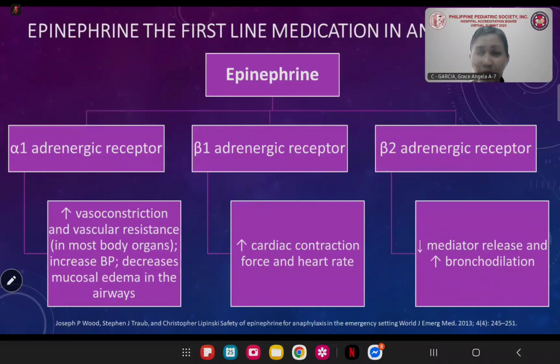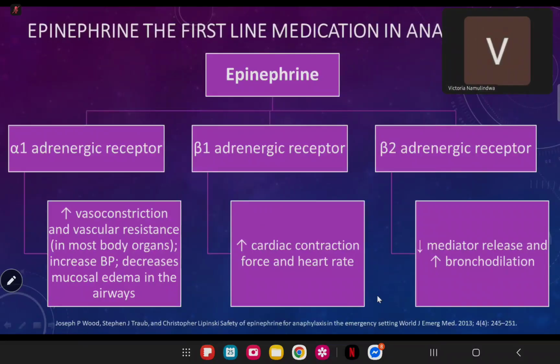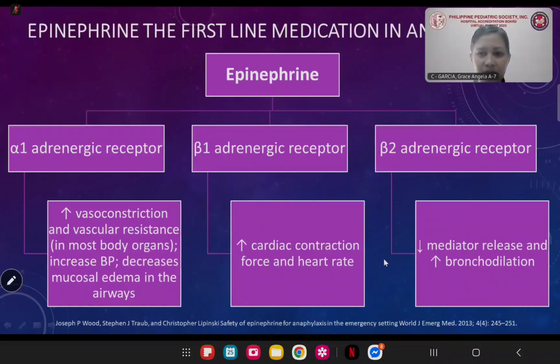So with epinephrine, you can already target the effects of your histamine. Your histamine could decrease the mediator release. If you need a pressor, it already increases your blood pressure. And it also decreases the edema in your patients.